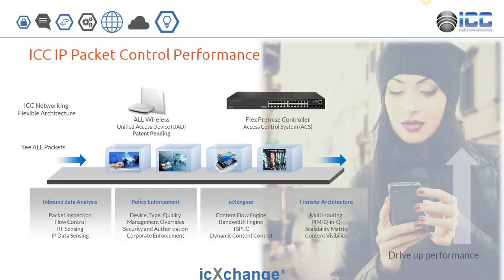The ICX engine itself uses different content flow engine capabilities, whether that's band steering, bandwidth management, T-spec, dynamic content control, to ensure that no packets are physically dropped, thereby reducing the contention on the overall network, enabling greater delivery and sending of content.